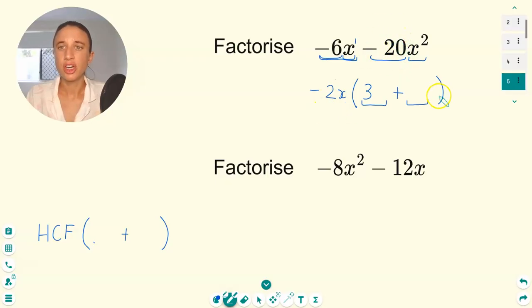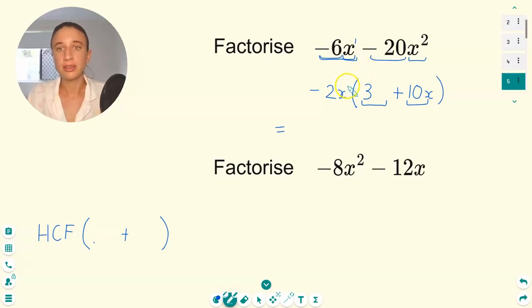Negative 2 times 10 would give me negative 20, because a negative times a positive gives a negative. So you really want to understand your negatives and positives before you get into this. So negative 2x times 10, and I need to get that x squared in there. So x times what gives me x squared? x times x.